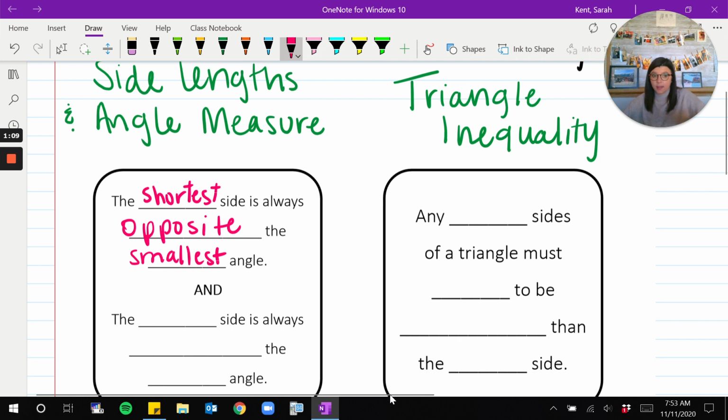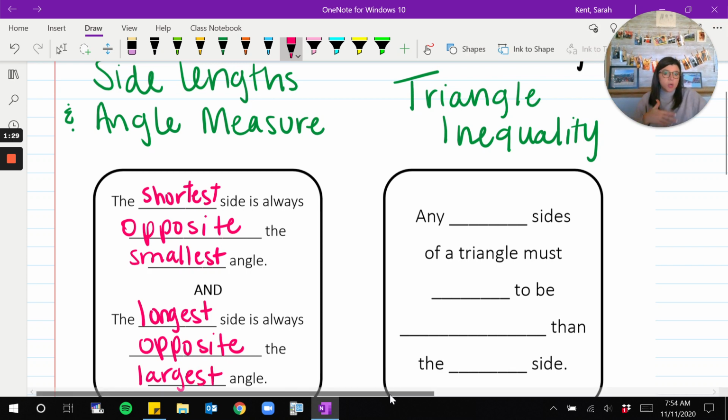And in opposite of that, the longest side is always opposite the largest or the biggest angle. So short is across from short, long is across from long. So let's look at a couple examples of this.